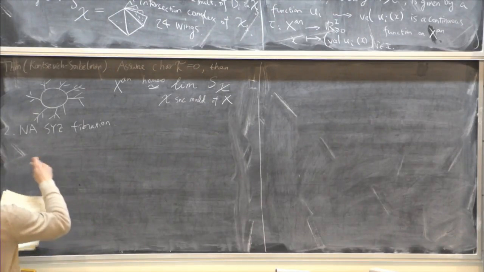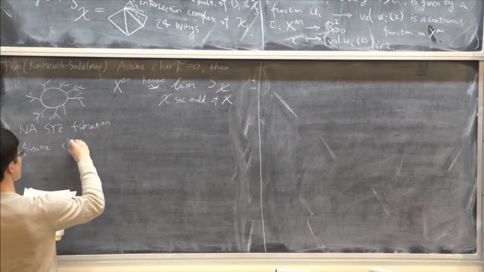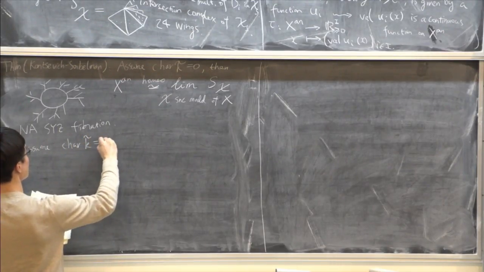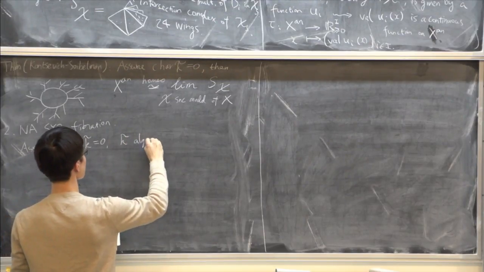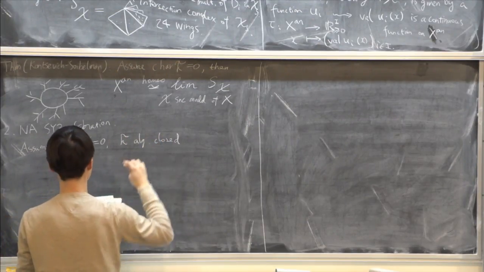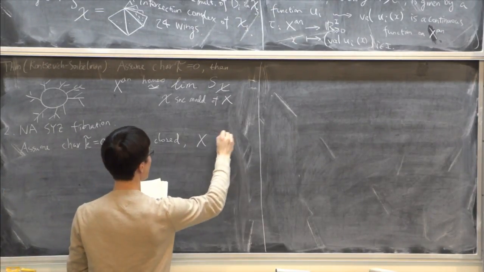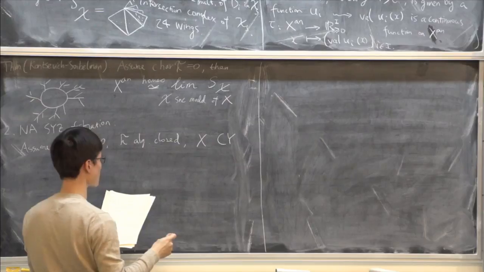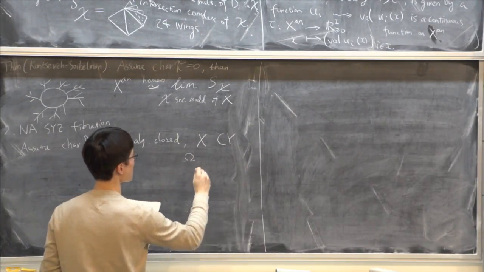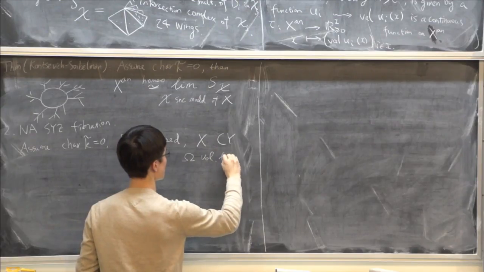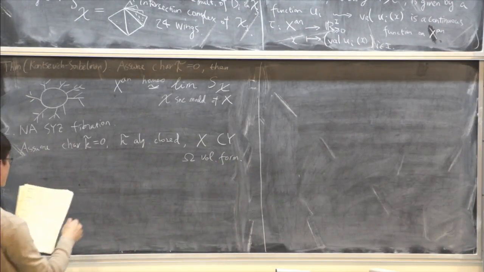Assume again the residue field has characteristic 0 and is algebraically closed. X is Calabi-Yau, which means the canonical bundle is trivial. So we fix omega, a volume form on X, a nonzero section of the canonical bundle.